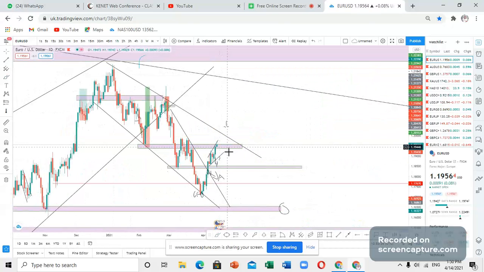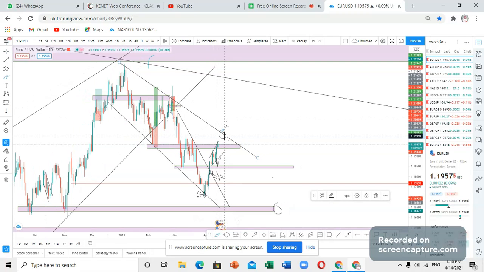From a daily time frame, you can see that the markets are supposed to reach around this position, and then they are going to move to the downside.